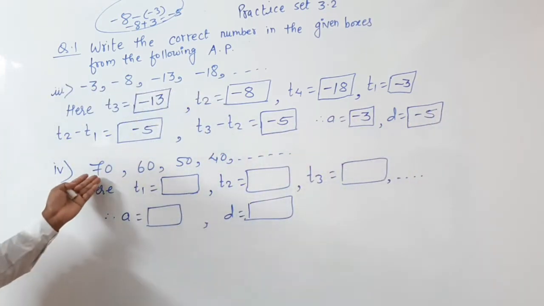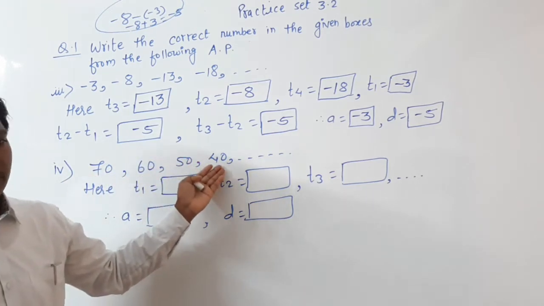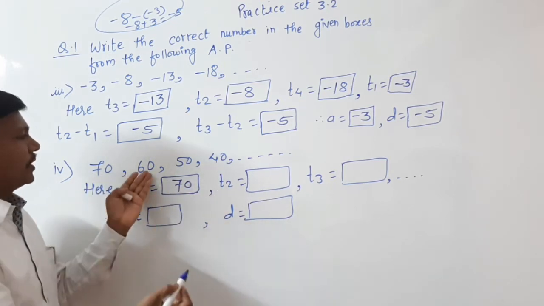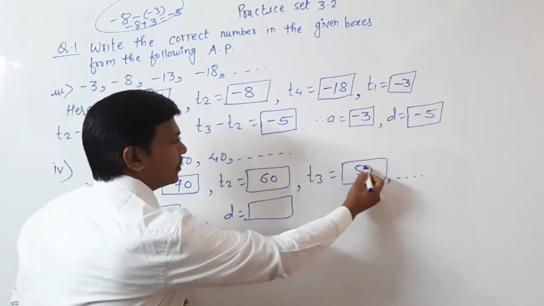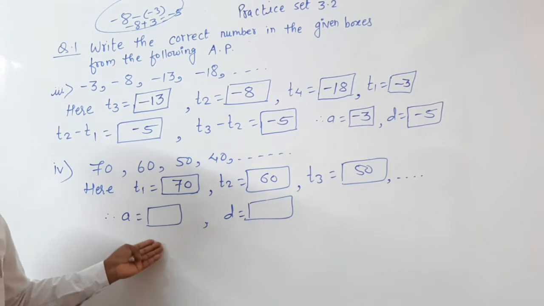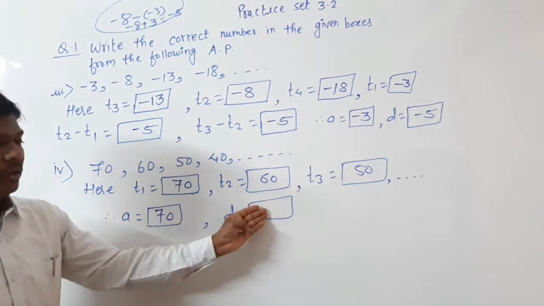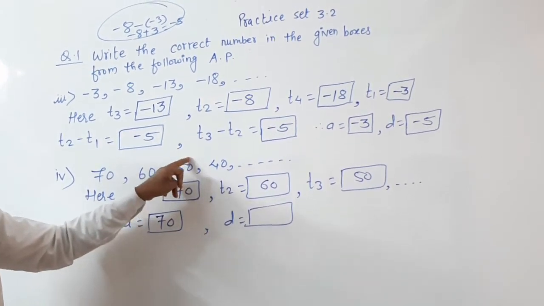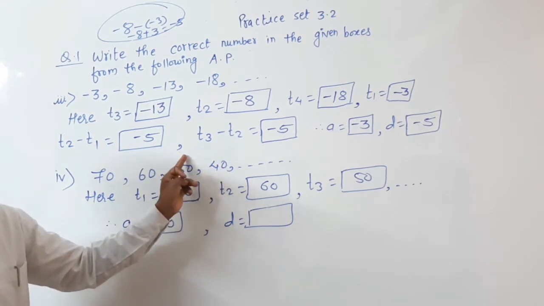Then fourth: 70, 60, 50, 40. So here the first term is 70, second term 60, third term 50 and so on. So write directly the value of A, that is 70, and D, that is T2 minus T1 or T3 minus T2 or T4 minus T3.